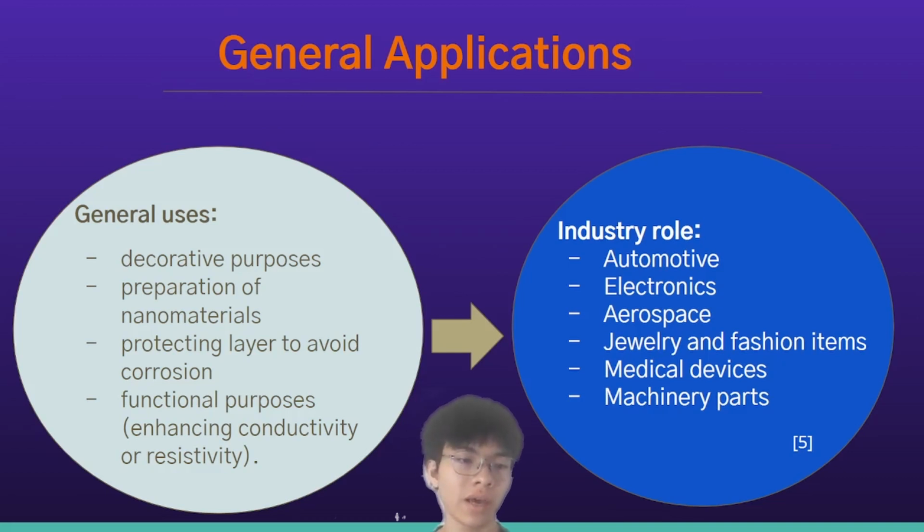For example, it helps to improve the conductivity or resistivity of certain materials. With these general uses, electrode deposition excels in industrial roles such as automotive, electronics, aerospace, jewelry and fashion items, medical devices, and some parts of machinery.